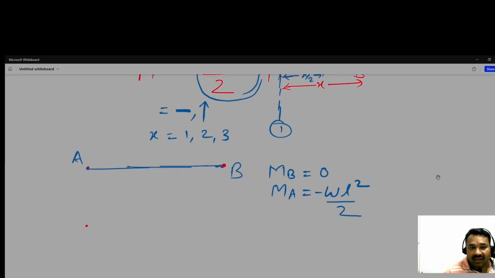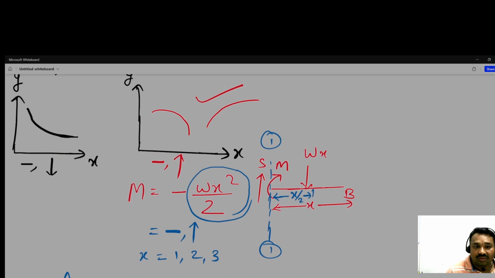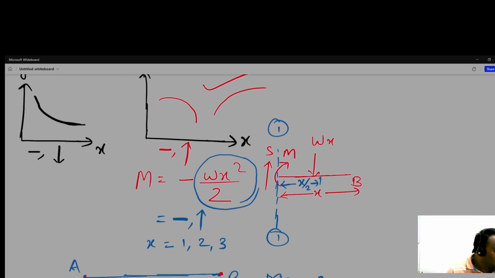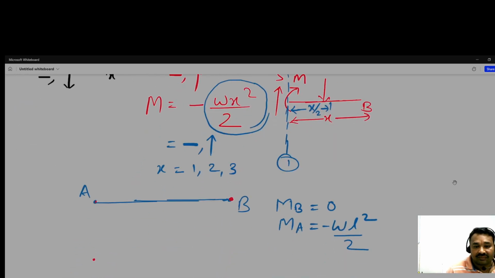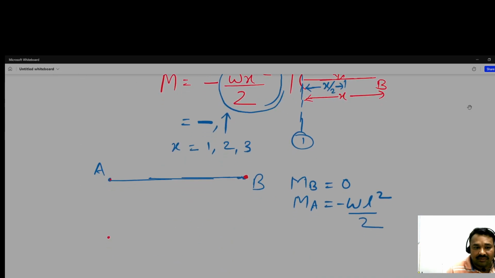Now let's see, if magnitude is decreasing, can we select this one? You can see how this is. Okay, it is just like this one. Okay, you can see this portion, whether concave or convex we have to take. So this will be, you can see, it will follow this criteria. So that's why from B to A what will we do?